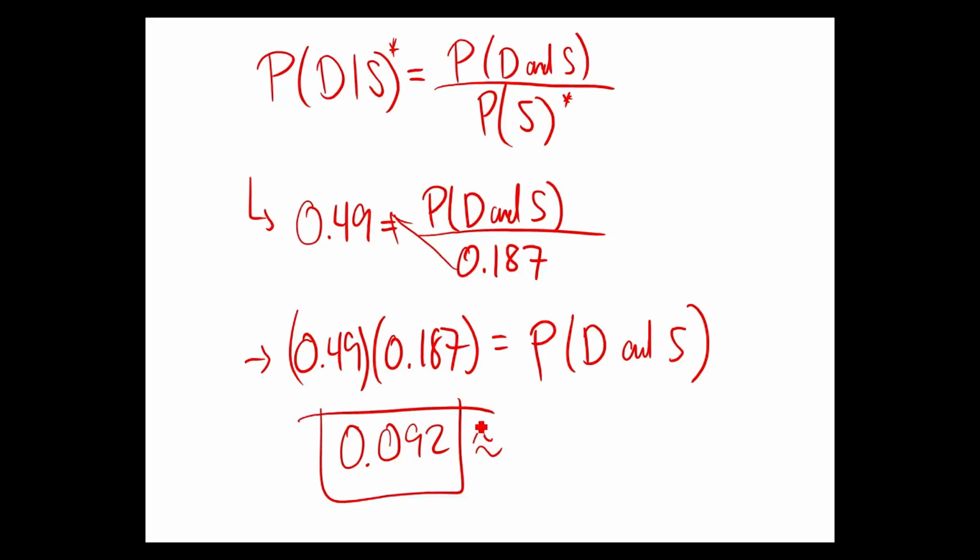So if you're just randomly picking a congressperson out of either chamber of Congress, there's a 9.2% chance that the person you pick is going to be a Democrat and a senator. All right? Cool.